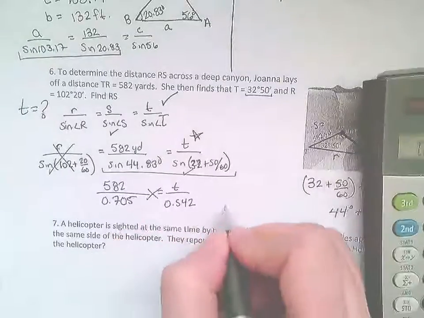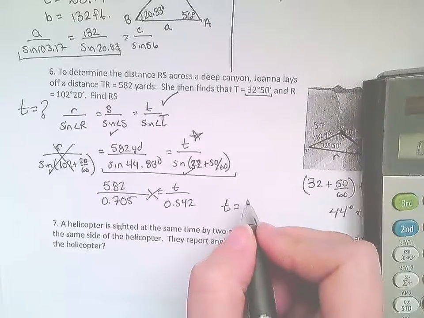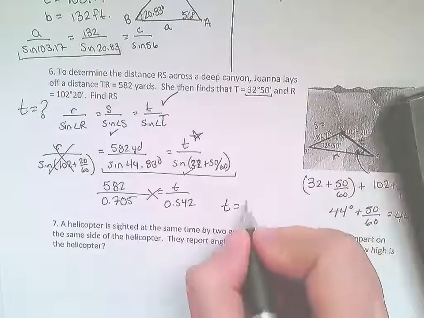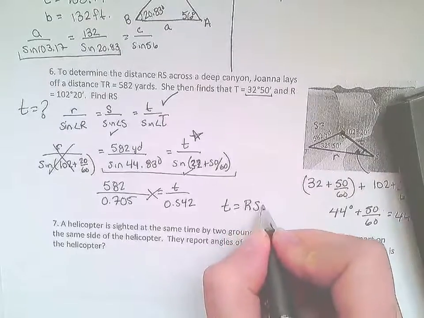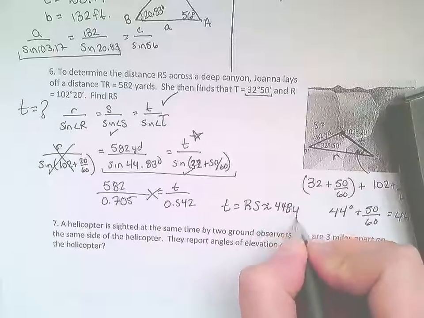You cross multiply and you should end up with T, which is the distance RS, is approximately 448 yards.